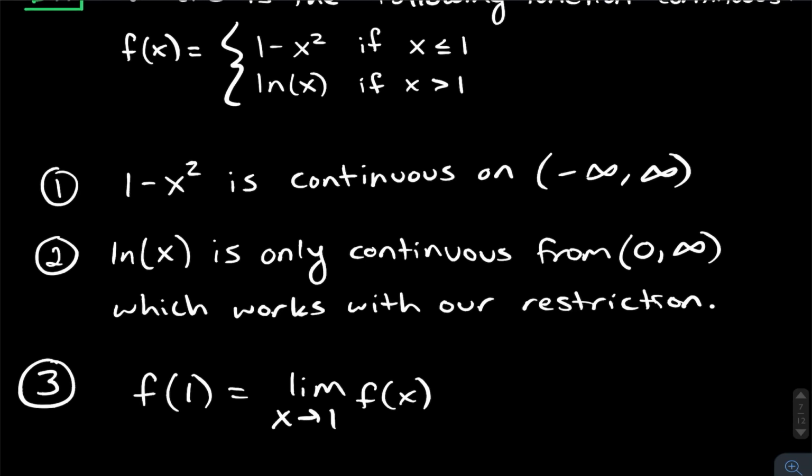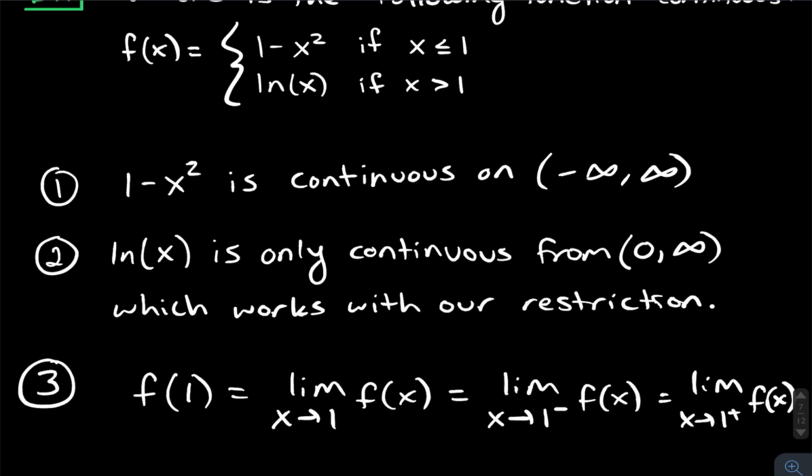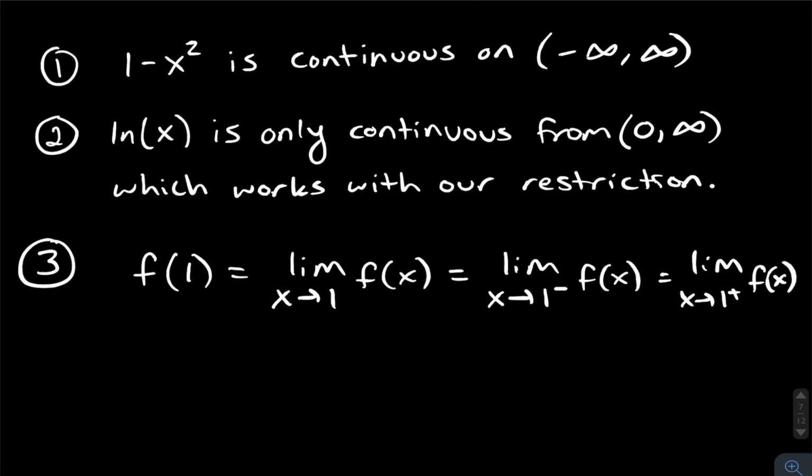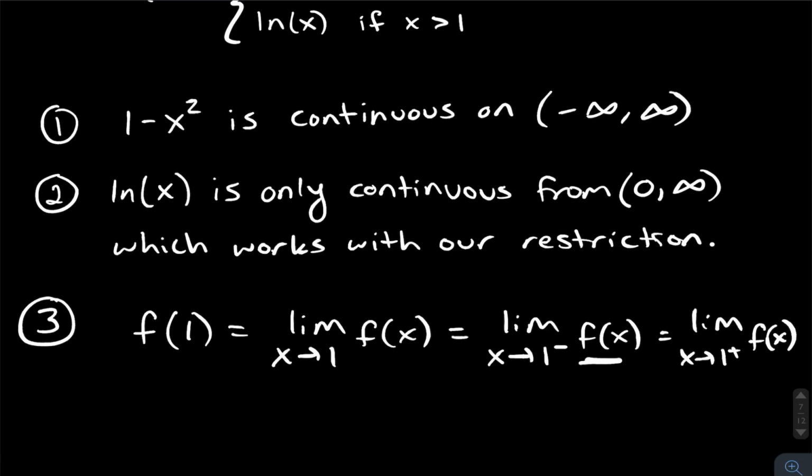And remember, when we say that, we're talking about both sides. We need it to be continuous from the left side and from the right side. So this all needs to be true, and we need to check both sides, because both sides are going to give you different functions, because this is the split point.